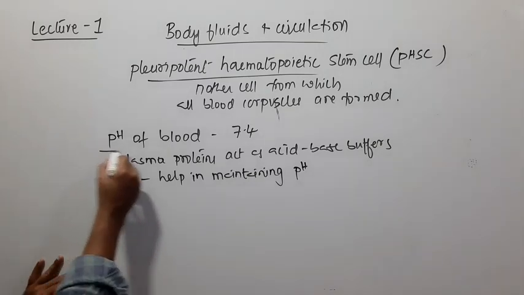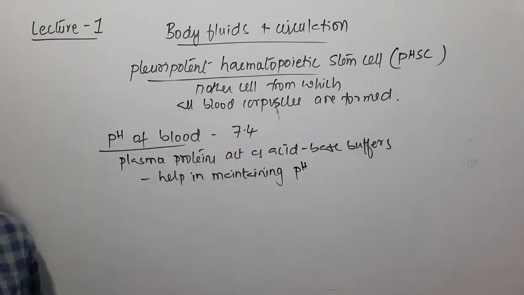So the pH of the blood is 7.4, and the plasma proteins act as these acid base buffers and help in maintaining the pH of the blood.